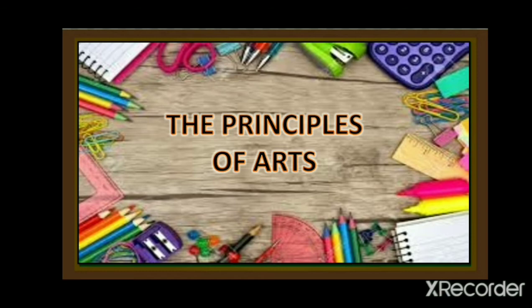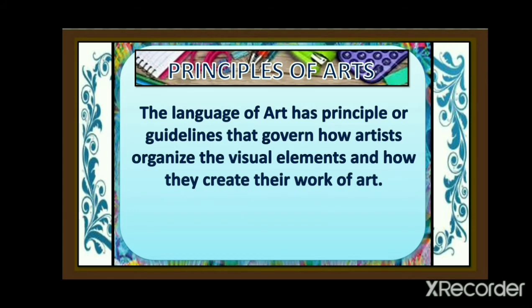What are the principles of art? In the principles of art, we have the explanation that the language of art has principles or guidelines that govern how artists organize the visual elements and how they create their work of art.